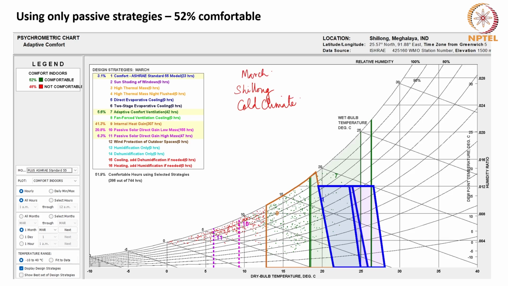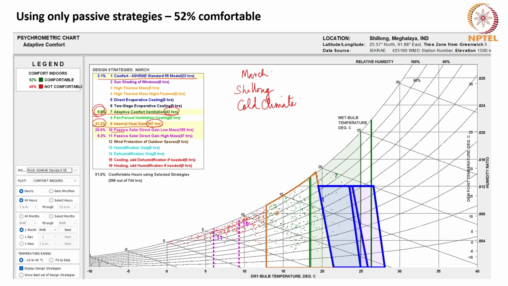Now, comfort naturally happens for 23 hours or 3%. Then, adaptive comfort ventilation can make the uncomfortable hours comfortable by 5.6% or 42 hours. Internal heat gain methods can make the indoors comfortable for 307 hours or 41.3% of the hours.